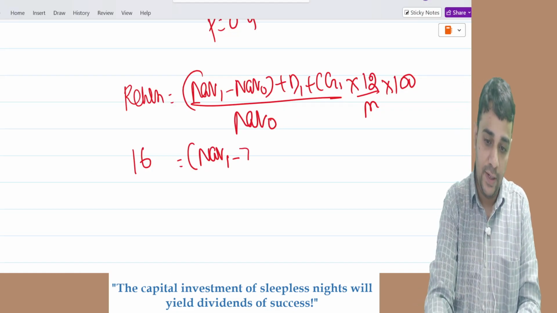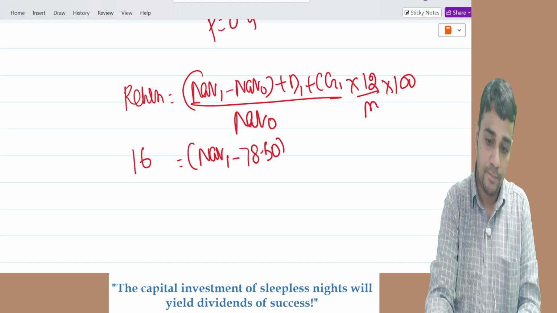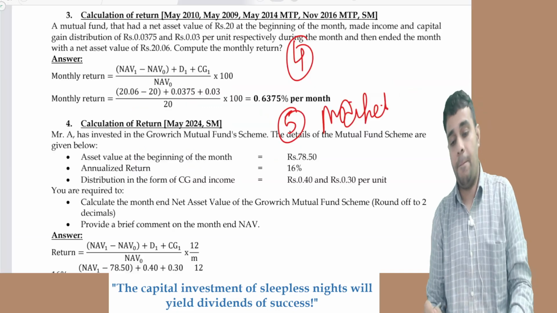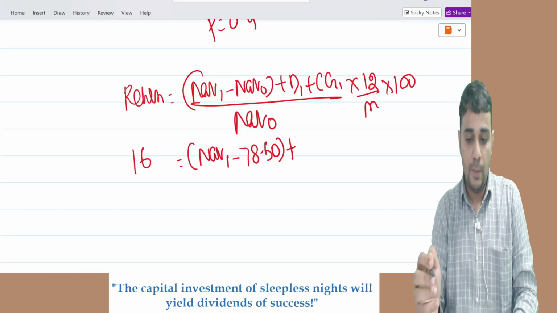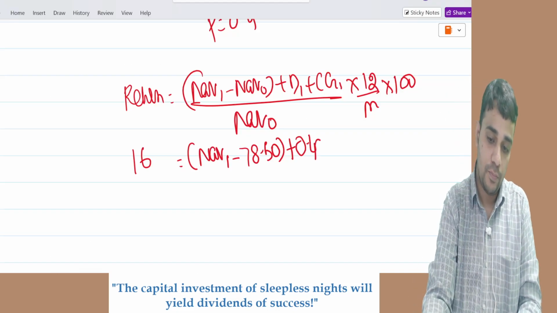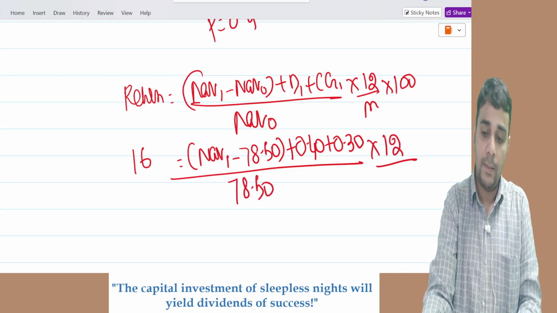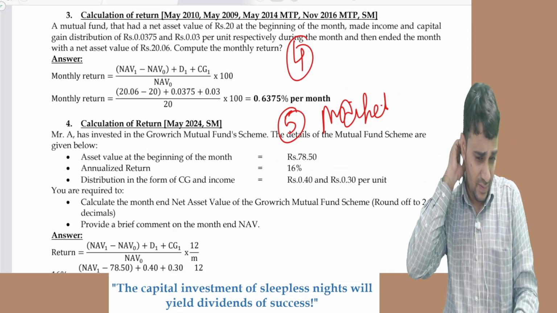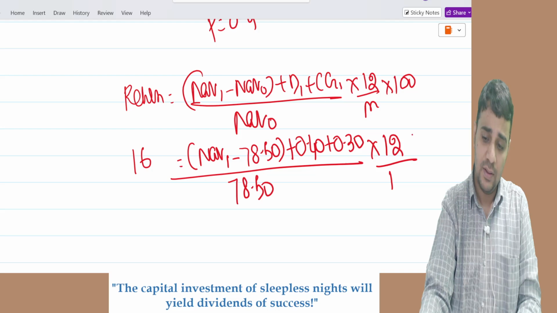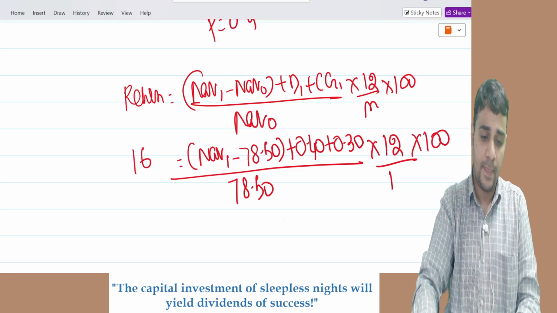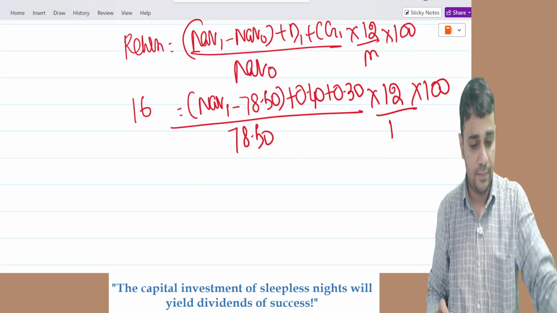NAV1 minus 78.5 plus 0.4 plus 0.3, divided by 78.5, into 12. How many months is the investment? 1 month, into 100.